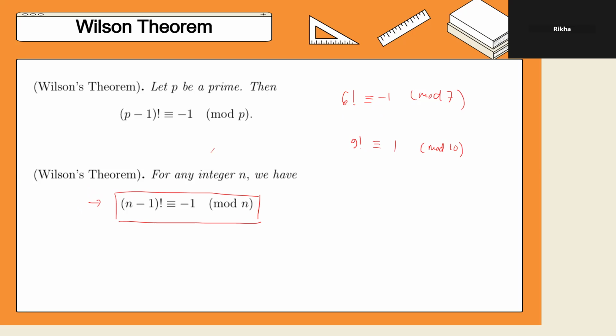Isn't that -1? Oh yes, -1, sorry. In this case, -1 modulo 7 is just the same as 6 modulo 7, if you don't want a negative number, because residue classes are usually positive. So for 7 the residues are 0, 1, 2, 3, 4, 5, 6, and for 10 they are 0, 1, 2, 3, 4, 5, 6, 7, 8, 9.